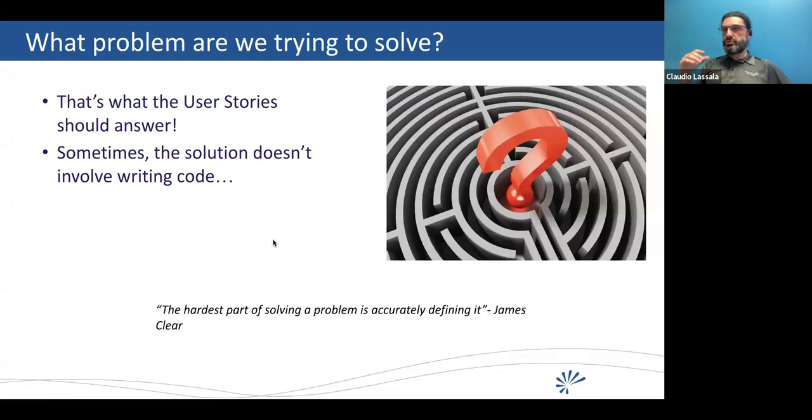Maybe it involves some integration work. Maybe it involves changing the process at the start. Because if the process is already flawed, are you going to write code to perpetuate the problems, or maximize the problems that you have in that process?